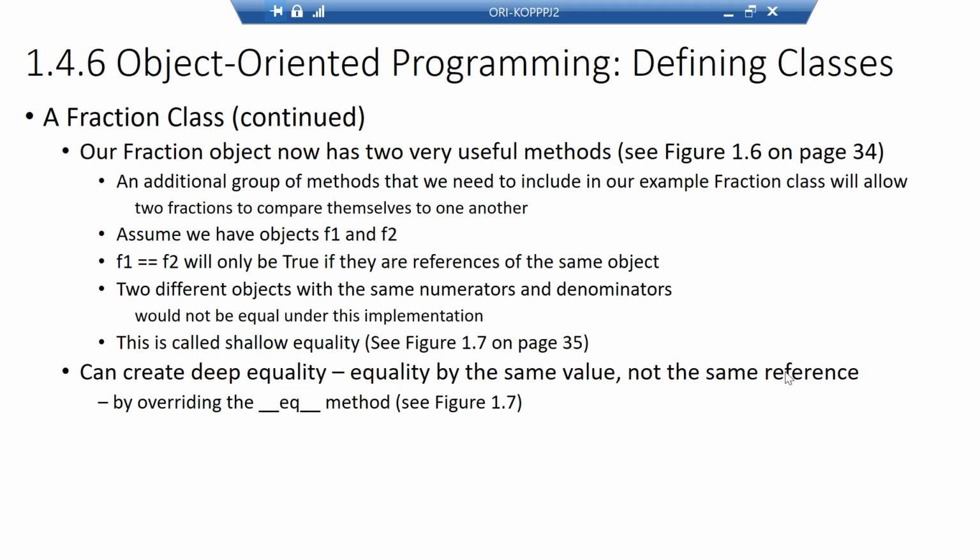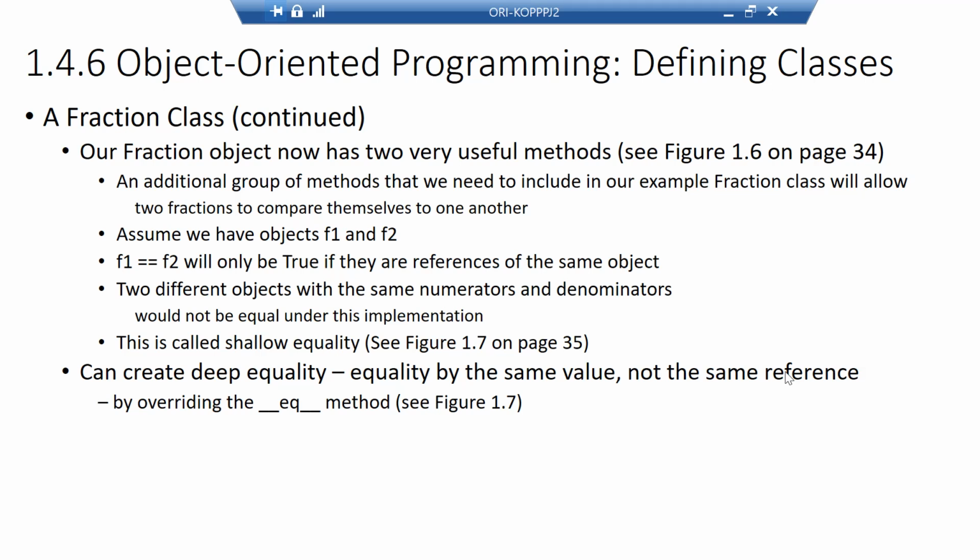An additional group of methods that we need to include in our example fraction class will allow two fractions to compare themselves to one another. Assume we have objects f1 and f2. f1 equals f2 will only be true if they are references of the same object.